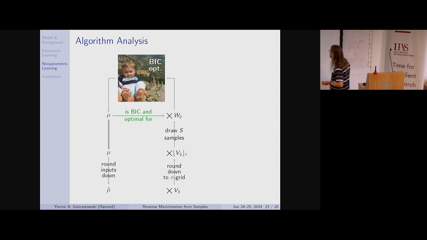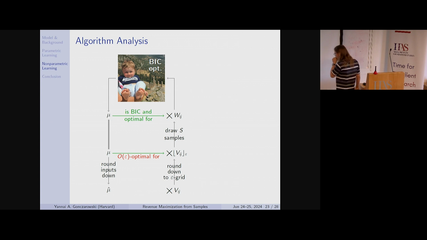What we do know, this is what the oracle guarantees to us, is that this is both BIC and optimal for this distribution. That's the whole purpose of the oracle: it gets the distribution and outputs something that's BIC and optimal for that distribution. So far it's safe.